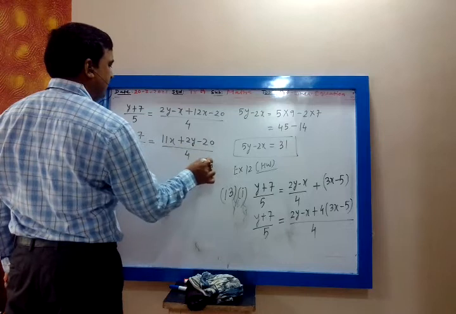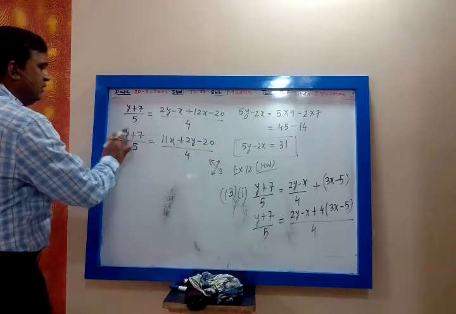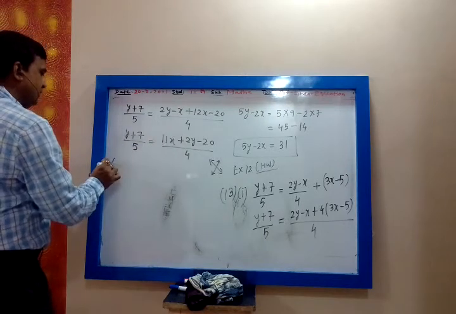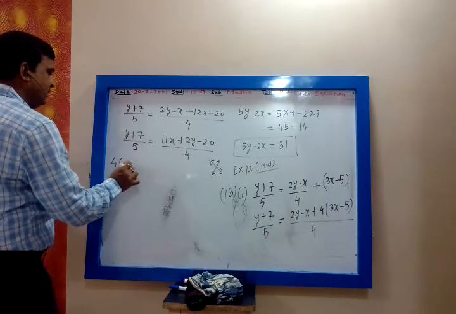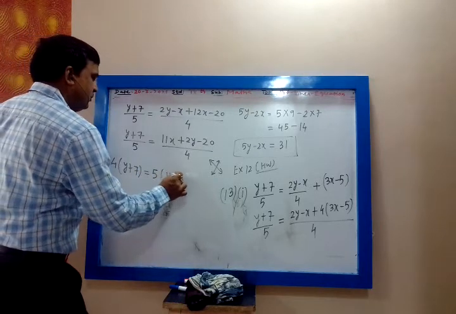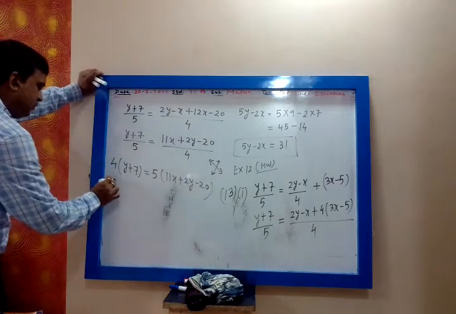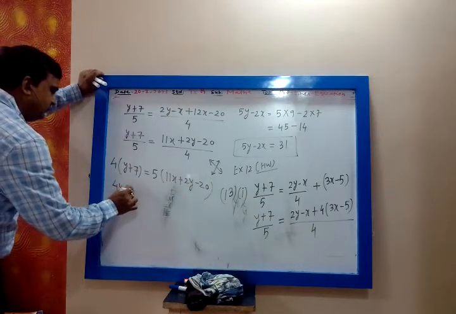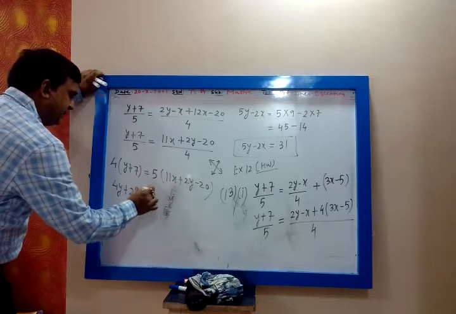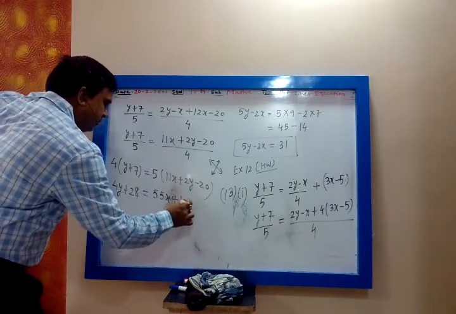Now you cross multiply. So you'll get 4 into y plus 7 is equal to 5 into 11x plus 2y minus 20. Simplify, 4y plus 28 is equal to, open the bracket, 55x plus 10y minus 100.